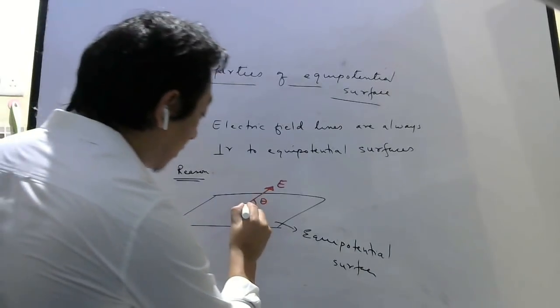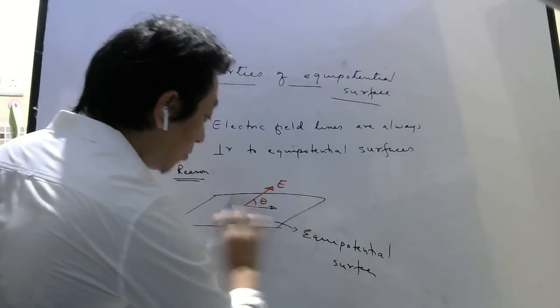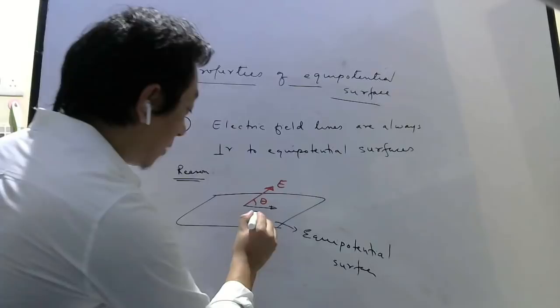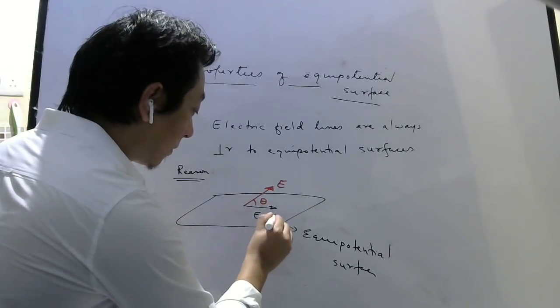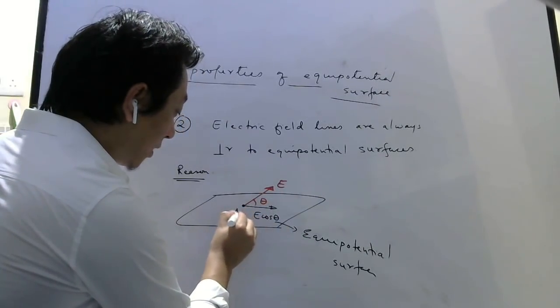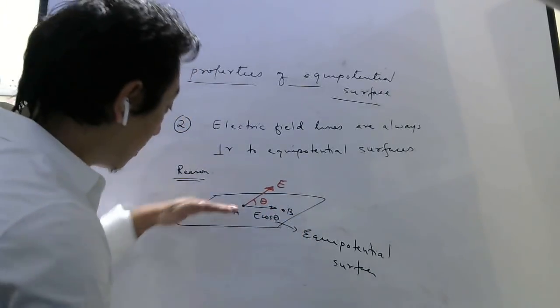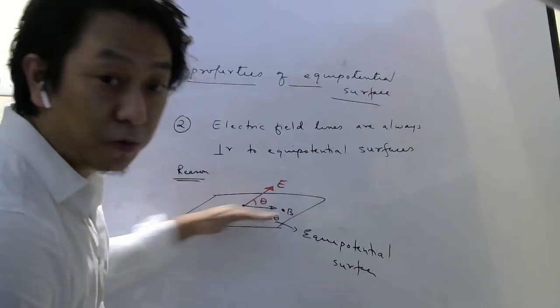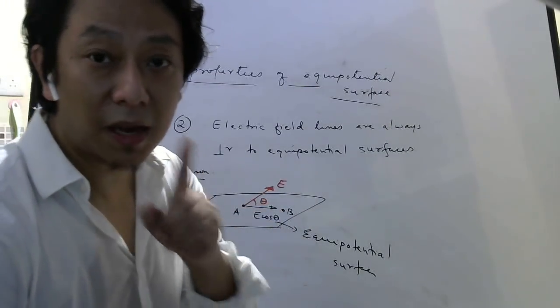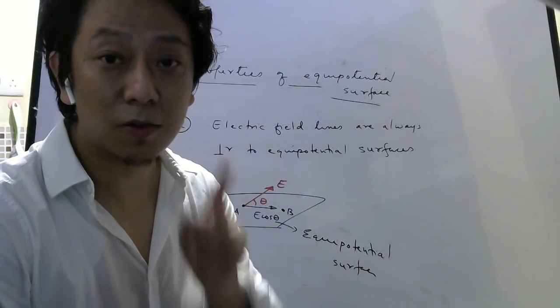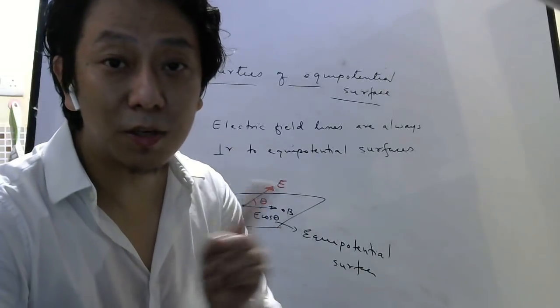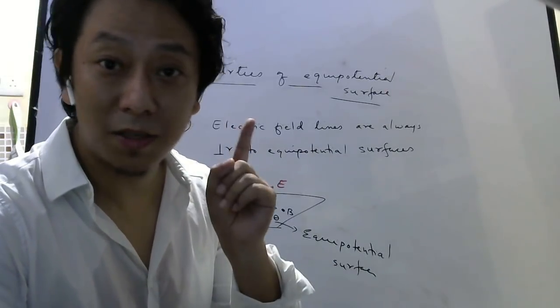So this electric field will have one component parallel to the surface, and that will be your E cos theta. Which means if I take this point as A and this point as B, you can see that there is electric field from A to B. But if you remember my last video, I told you electric field is always from higher potential to lower potential. Rewind once and see.